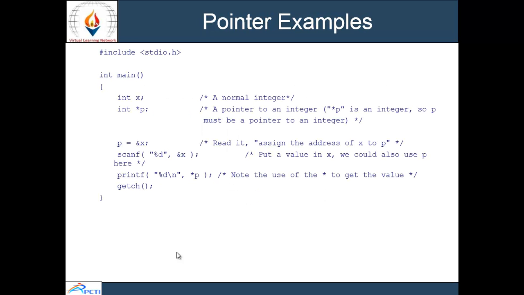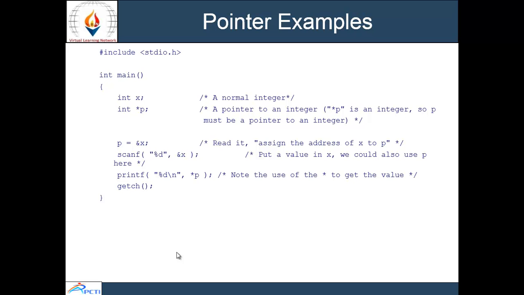Here is an example of a pointer. I have included the header file stdio.h. Starting from main, int x is a normal variable of integer type, and the next statement is int *p.